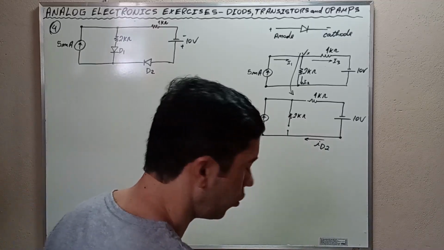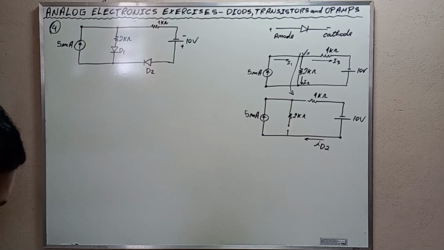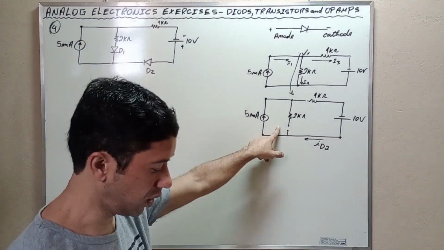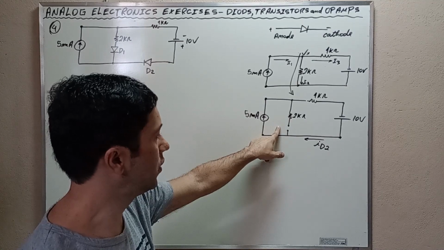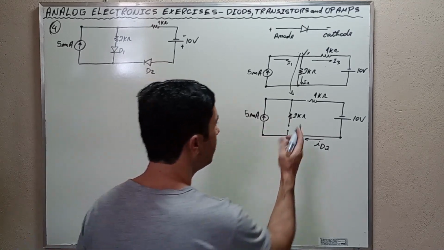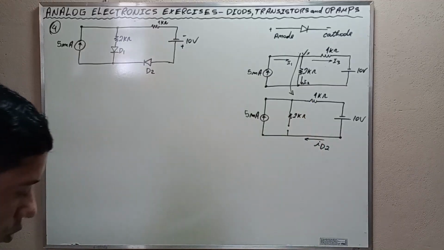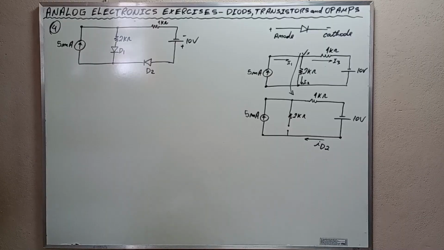Now let's suppose now that D1 is off here, okay? This is going to be the equivalent circuit in which D1 is off, okay? Let's suppose that D1 is off and D2 is on.